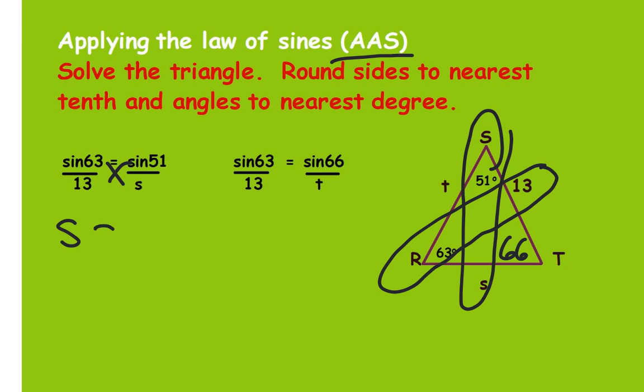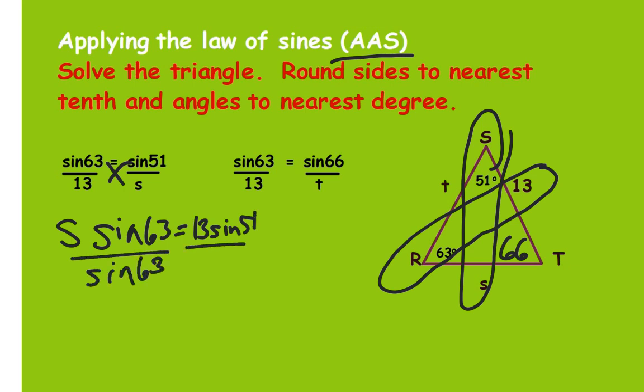So S sine of 63 equals 13 sine of 51. Divide by sine of 63 because it's just a number. And I get S is equal to 11.3, so to the nearest tenth.